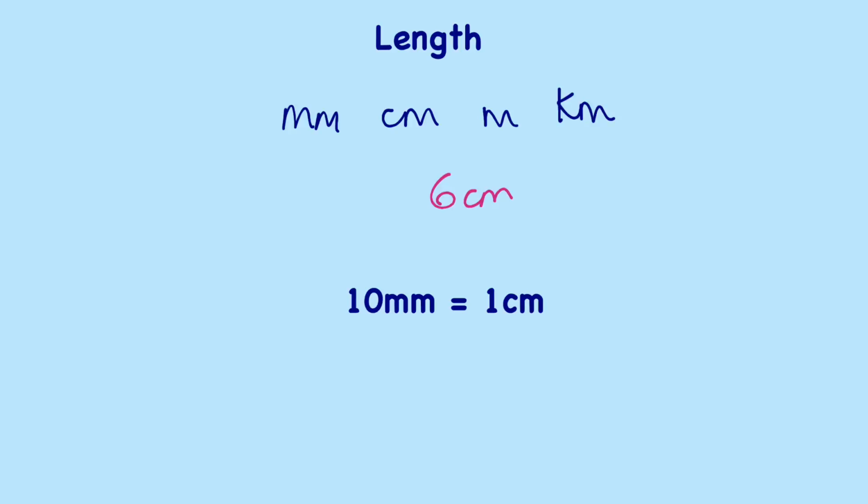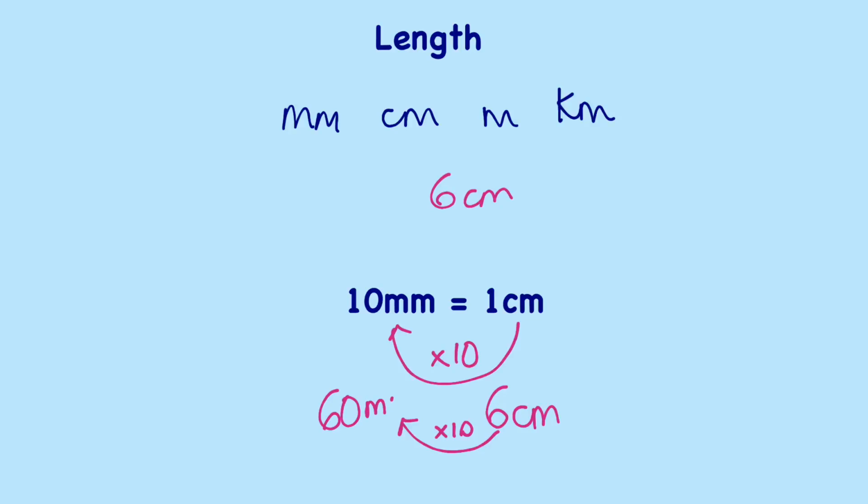Well, I can see that that has been times by 10. So if I want to go from centimetres to millimetres, I times by 10. So if my pencil measures 6 centimetres, I times by 10, and I get 60 millimetres, so I know that they are the same. 6 centimetres is the same as 60 millimetres.